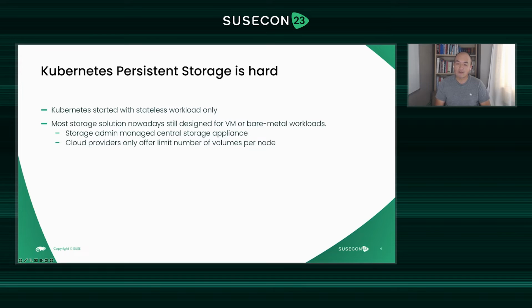But the problem is, if you look at the market, most storage solutions nowadays are still designed with VM or bare metal centric workloads in mind. Oftentimes there is a storage domain that manages the central storage appliance, which controls how much storage can be allocated to each virtual machine or even bare metal, and that sometimes needs to be manually allocated.